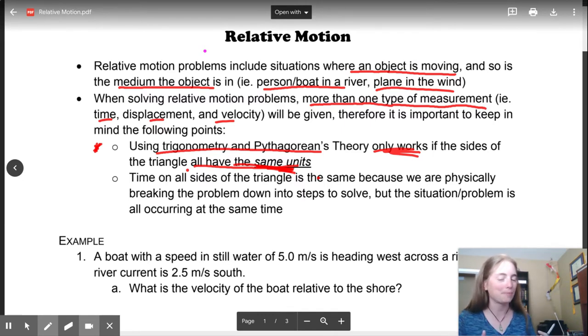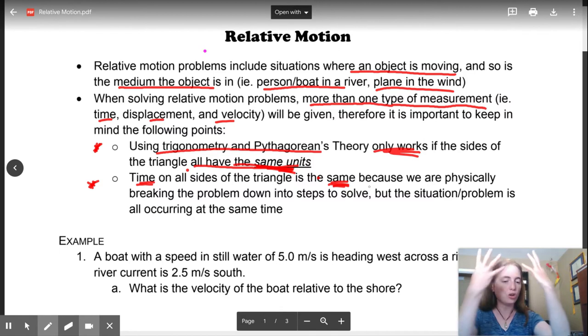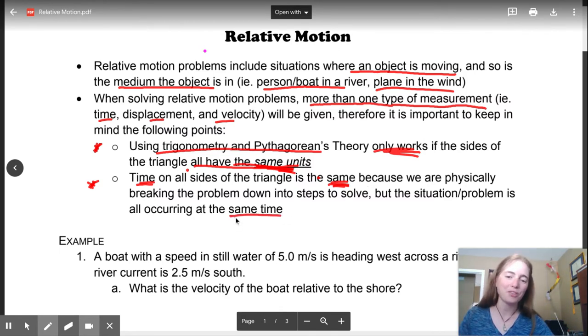It doesn't work. If you're using the Pythagorean Theorem or trig, you must keep the units the same. Okay? Another thing to keep in mind is that time on all sides of the triangle is going to be the same. We're just breaking the problem into individual chunks to solve, but each scenario is all occurring simultaneously. So time is going to be the same on all sides of your triangle.